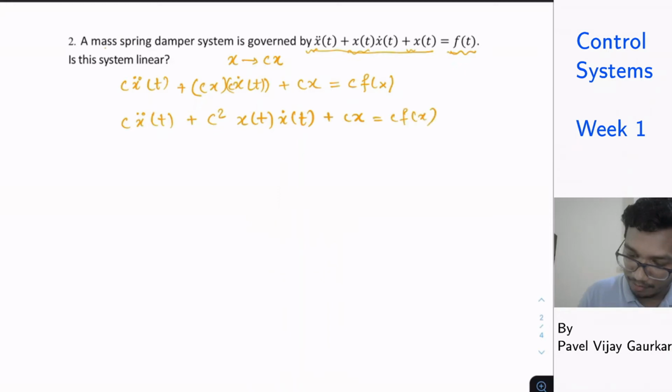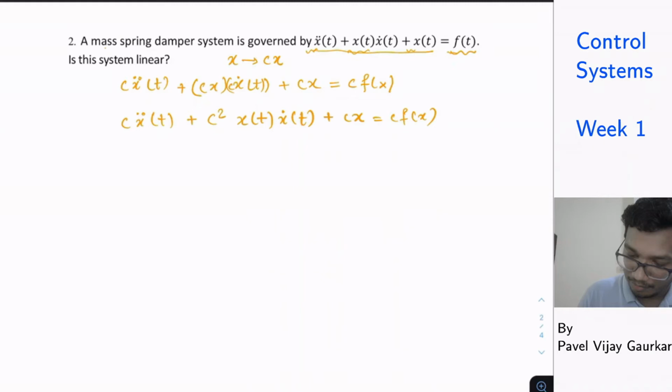But if the system was linear, we would not see any coefficient coming up in this way. This is not equal to c into x double dot of t plus c of x of t into x dot of t plus c of x.